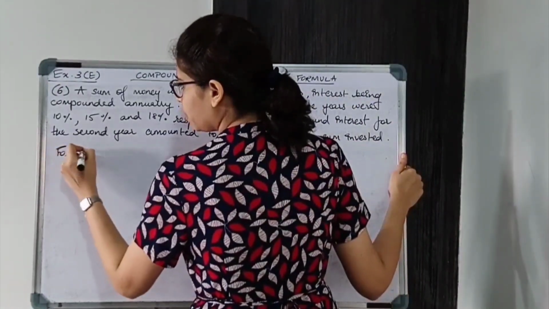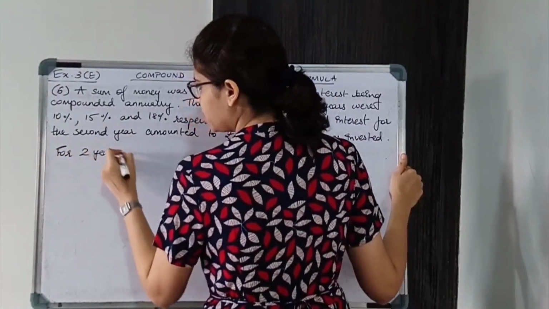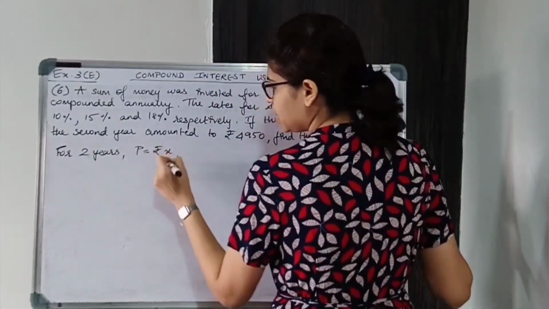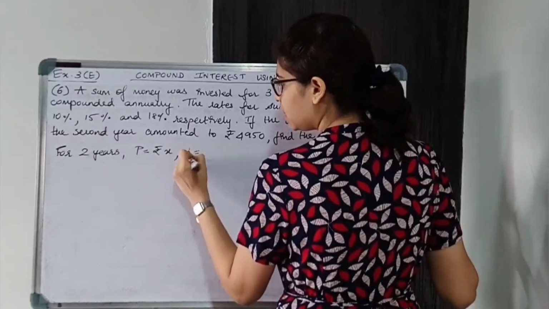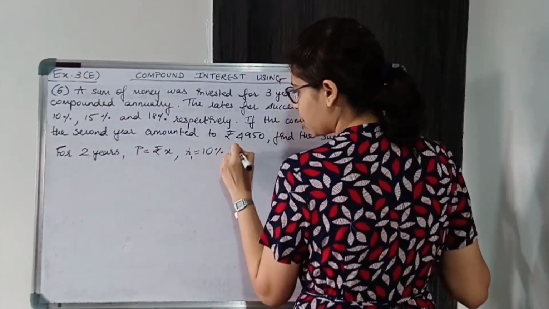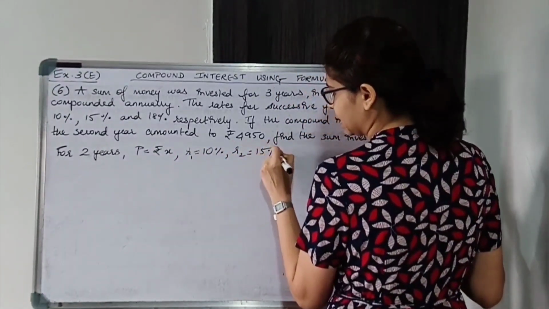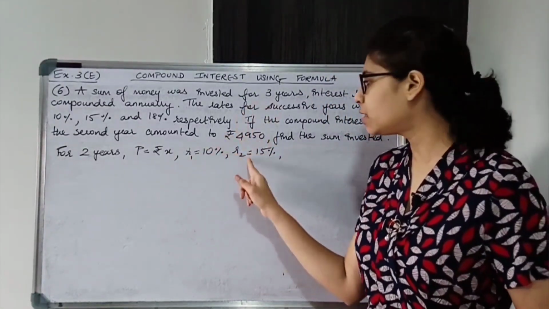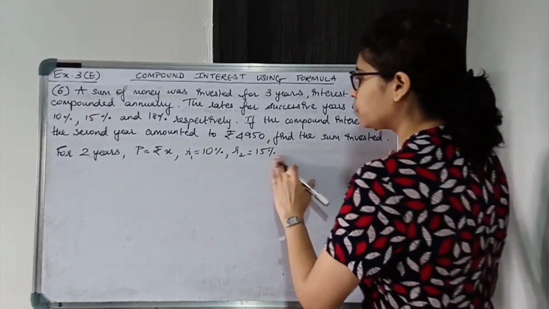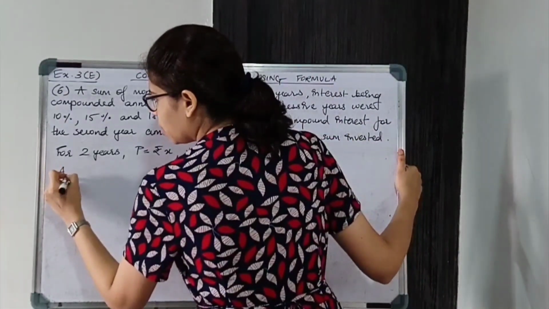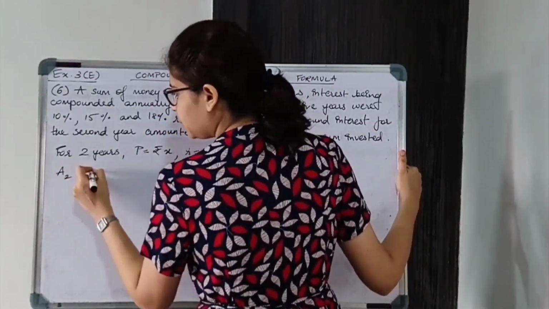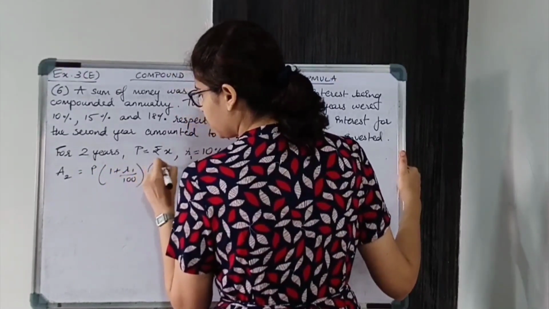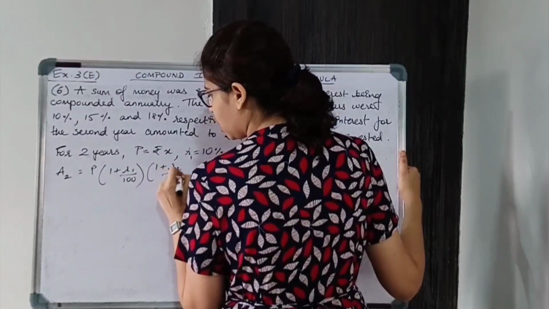So for 2 years, principal is x rupees, r1 is 10%, r2 is 15%, and n you don't need to write. For first year it will be separate, 1 year hoga and this 1 year. So amount for 2 years, that is second year, will be p into 1 plus r1 upon 100 into 1 plus r2 upon 100.